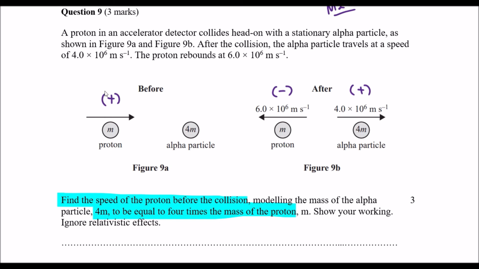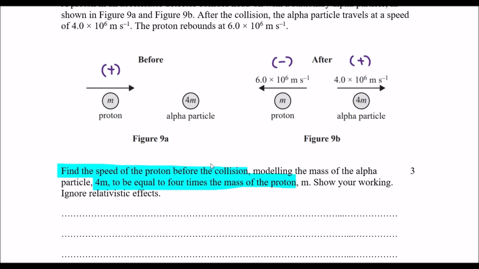Now, when it comes to trying to find out the velocity of the system, we want to use the conservation of momentum law. Momentum is always conserved, or the change in momentum is equal to 0 before and after a collision. So that's the formula we should be using to solve for it.